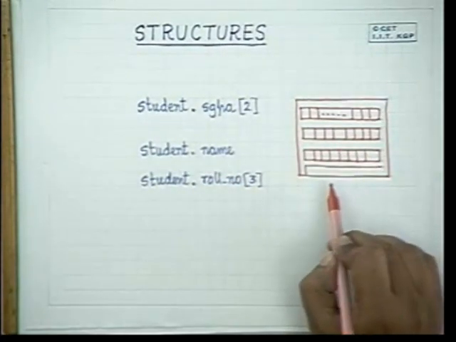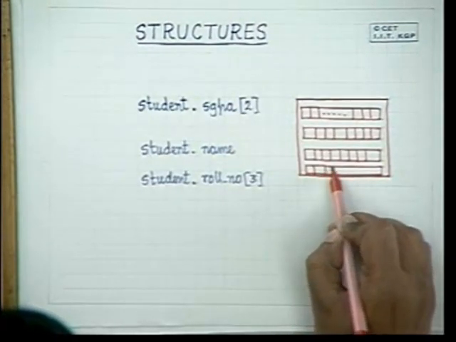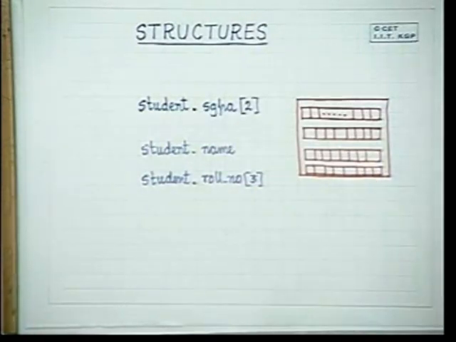Is this visible? You have got SGPA of 8 elements.